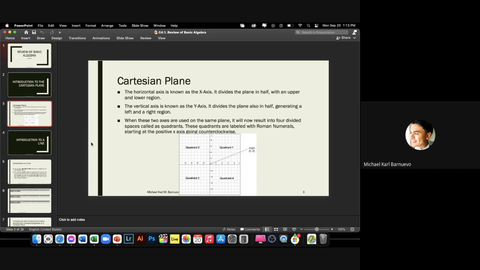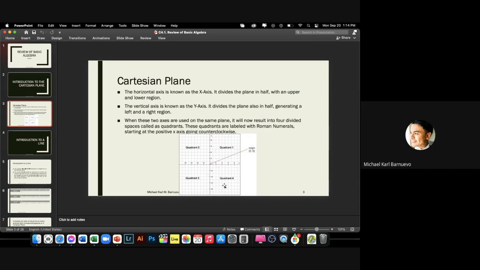The horizontal axis is also known as your x-axis. It divides the Cartesian plane into the upper and lower region. The vertical axis is known as the y-axis. It divides the Cartesian plane into the left and right region.